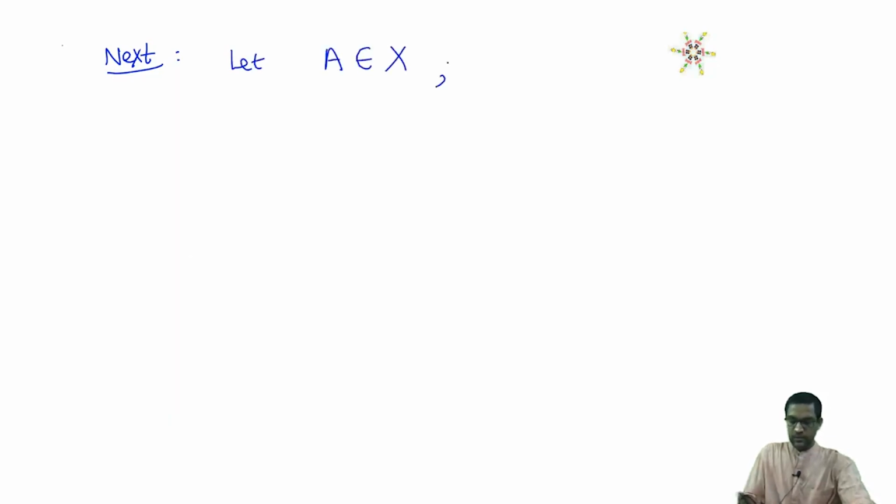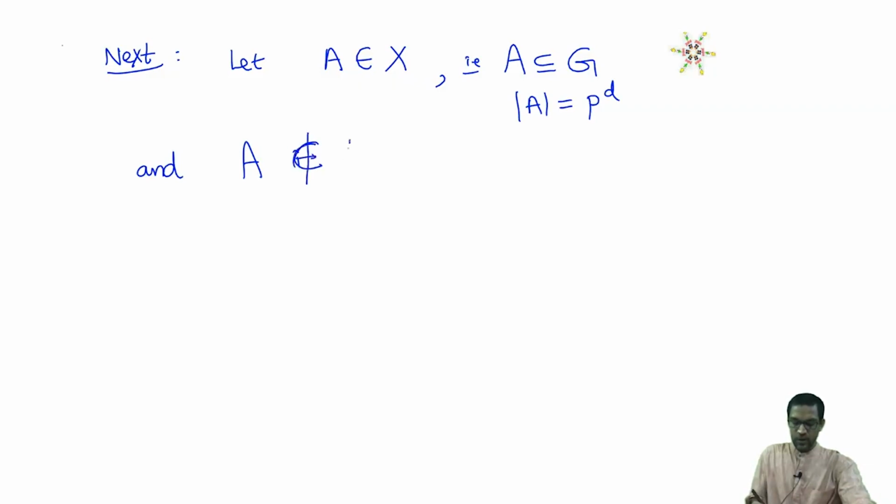Next, suppose A is an element of X, in other words, A is a subset of the group of cardinality p power d, and A is not in any of these orbits. A does not belong to the orbits that we have already looked at.